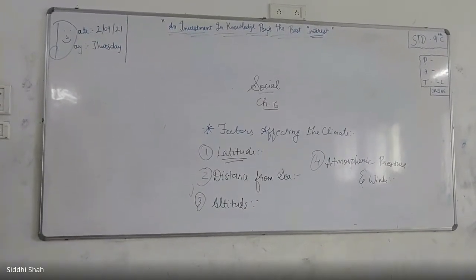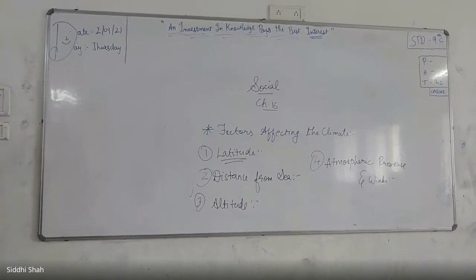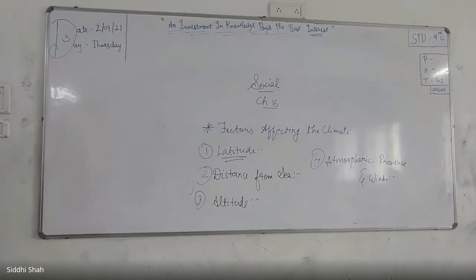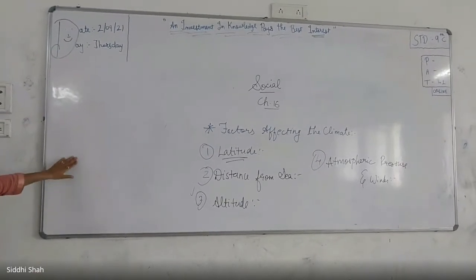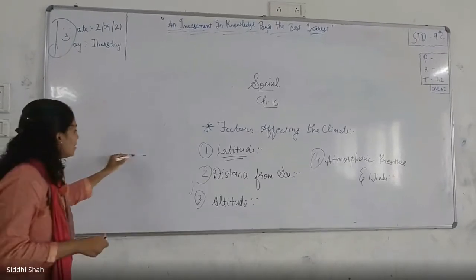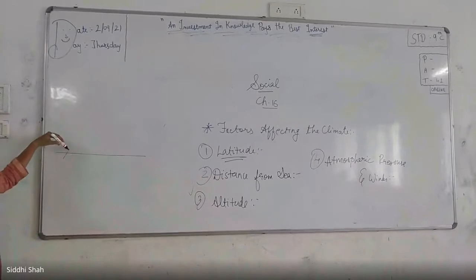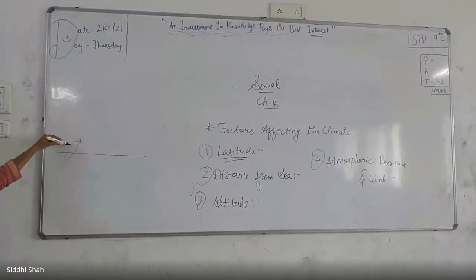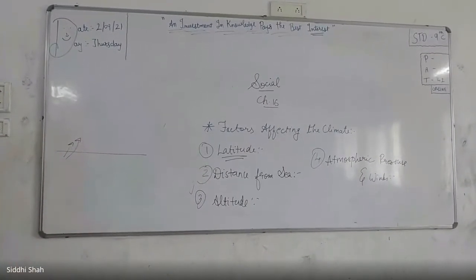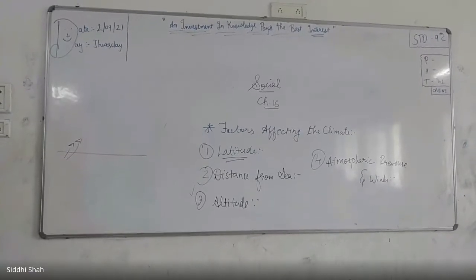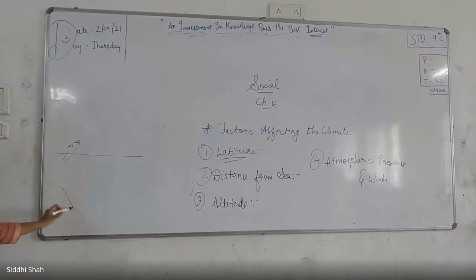Coriolis force means what? In short, I will explain. It is a force which blows from the equator. Equator, that is the middle part. The force will be coming towards the northern hemisphere. So due to this, over here oceanic trade is there.